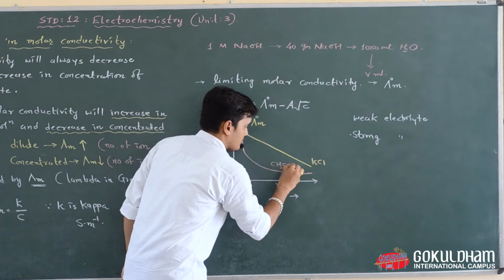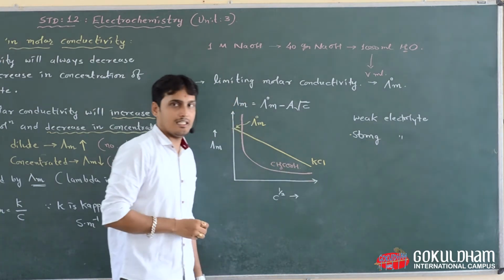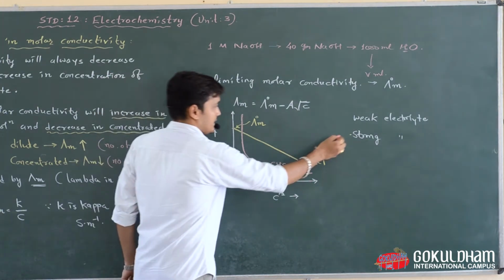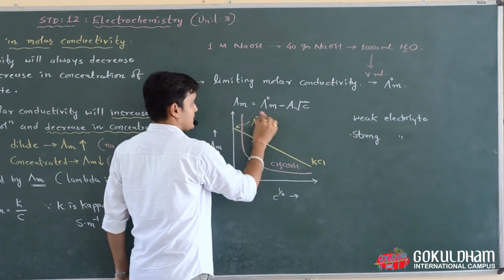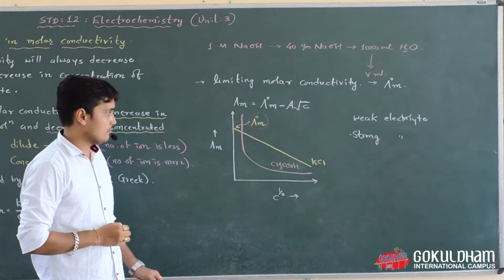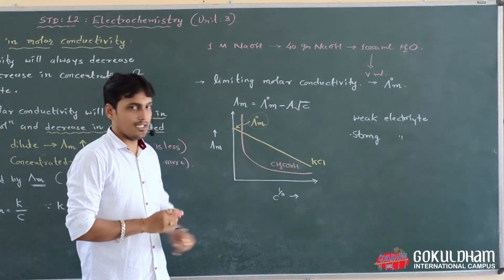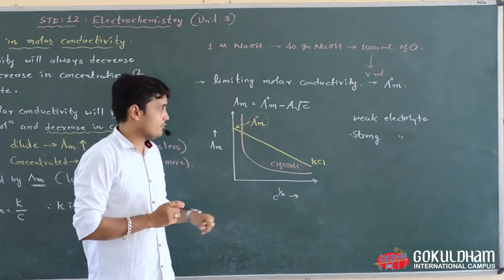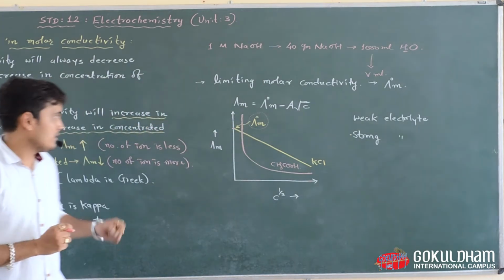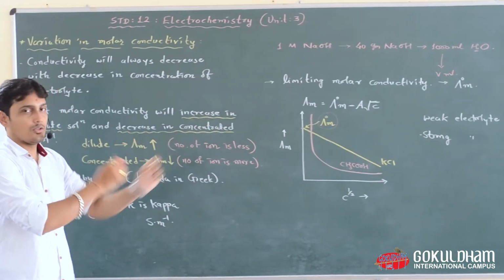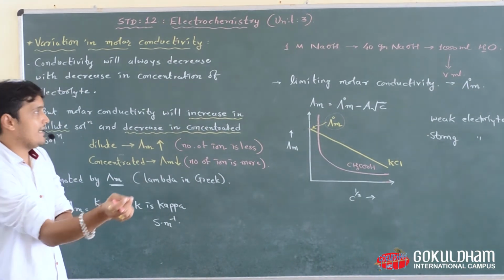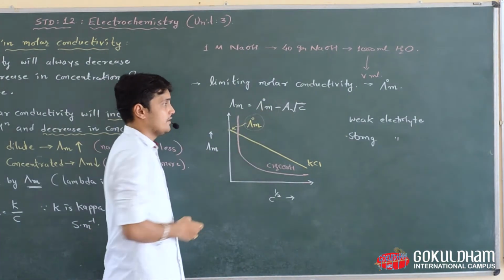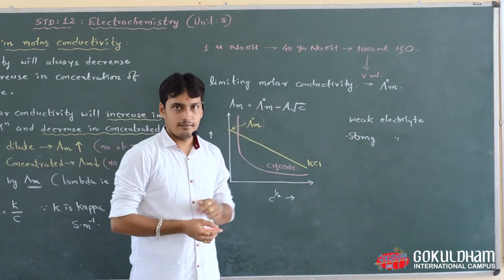This graph is of acetic acid, CH3COOH. In strong electrolyte you get directly the value of lambda 0 m, but in a weak electrolyte you don't get the lambda 0 m value. Then what should we do? The scientist Kohlrausch found the rule to calculate the lambda 0 m of a weak electrolyte.